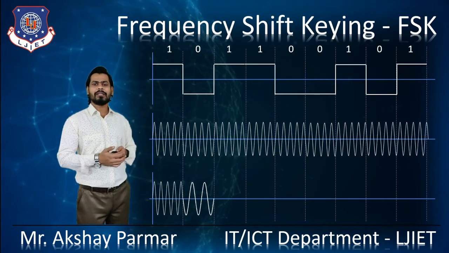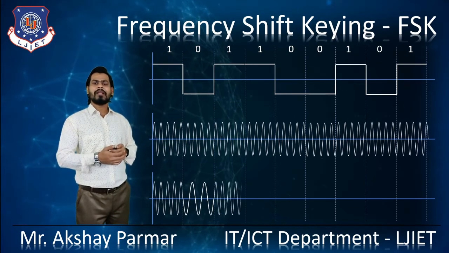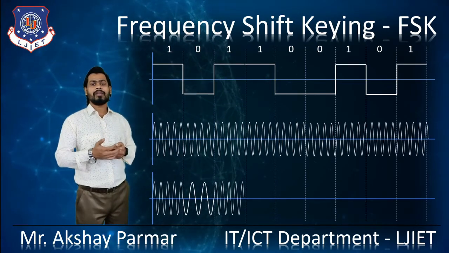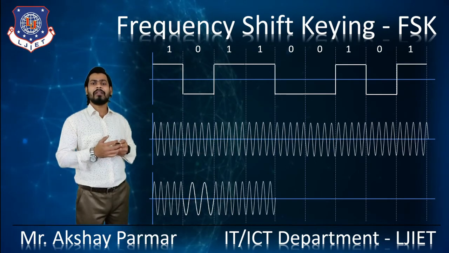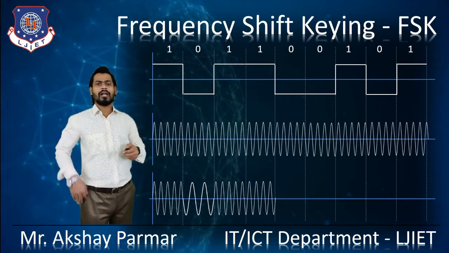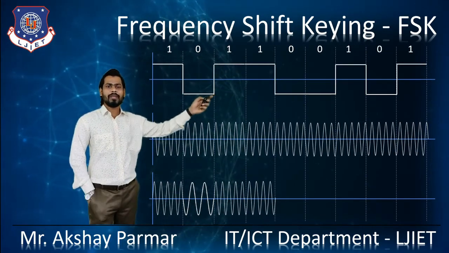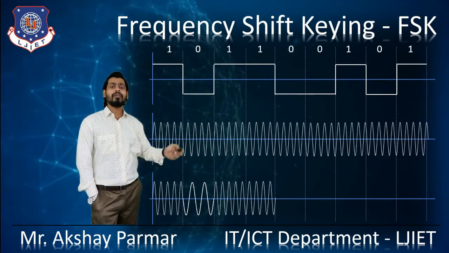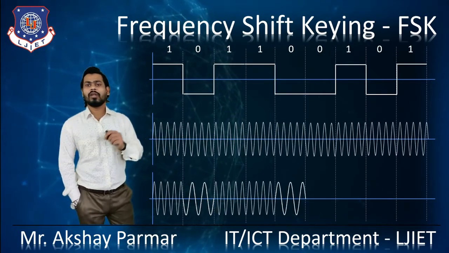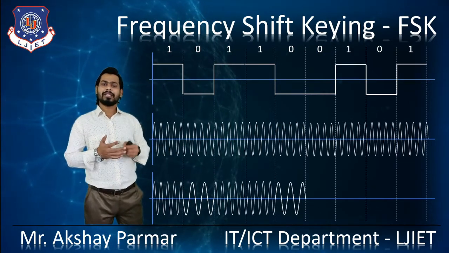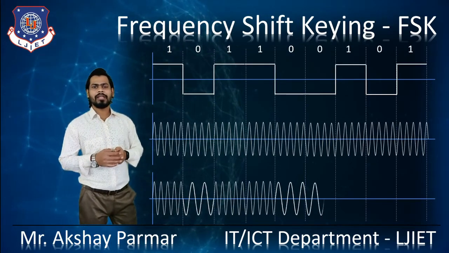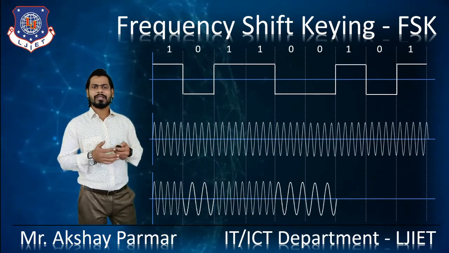Then bit 1 again comes, so the higher frequency. After that, bit 0 is encountered, so it is represented by the signal with the lower frequency. The next bit 0 also continues with the lower frequency, right? So that's how we are representing bit 0.